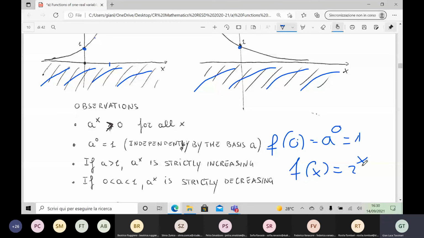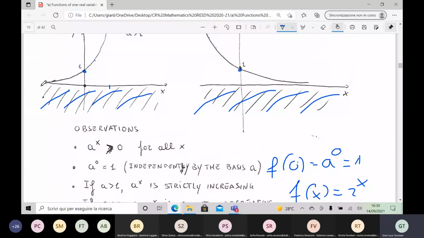So as you move in this direction, the value of the function decreases, but it's still positive. So you have a pattern like this.